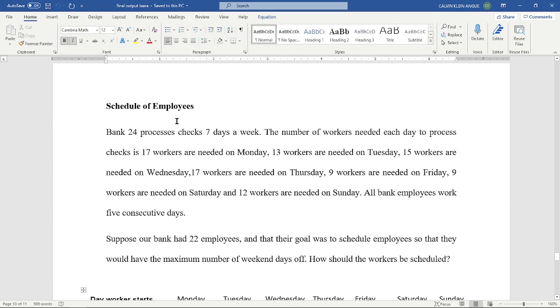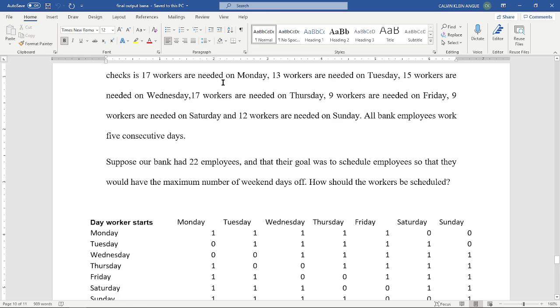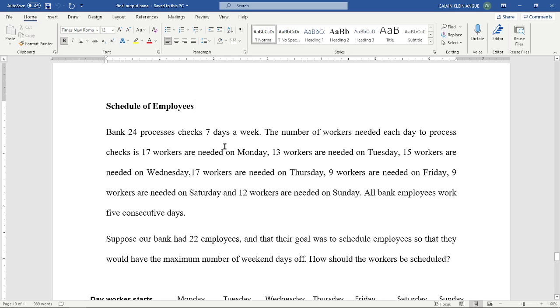And then let's go for the manpower schedule, the schedule of the employees. Bank 24 processes checks 7 days a week. The number of workers needed each day to process checks is 17 on Monday, 13 on Tuesday, 15 on Wednesday, 17 on Thursday, 9 on Friday, 9 on Saturday, and 12 on Sunday.